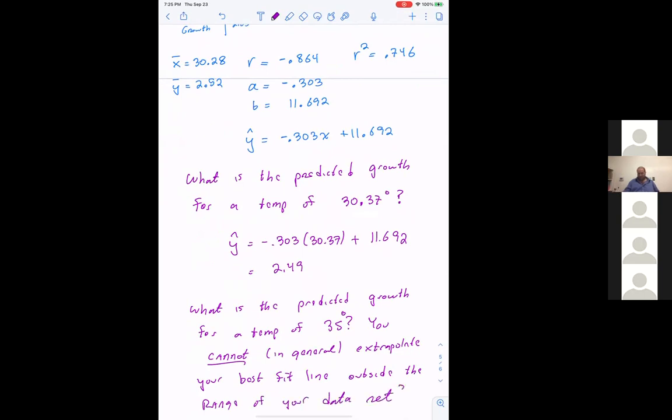And every test that I've ever seen, there's always been that one question of plug this in, does it or does it not make sense? And what they're looking for is, no, it does not make sense because you are extrapolating and you are not allowed to extrapolate. So don't do it.